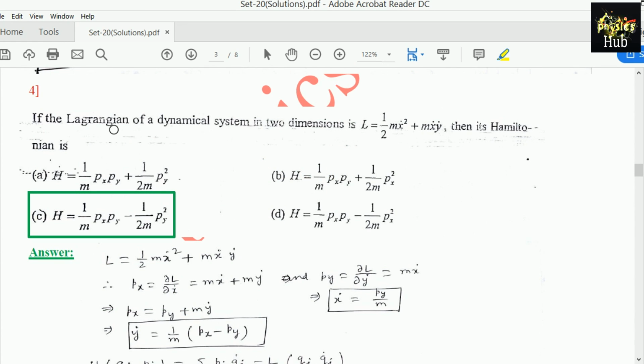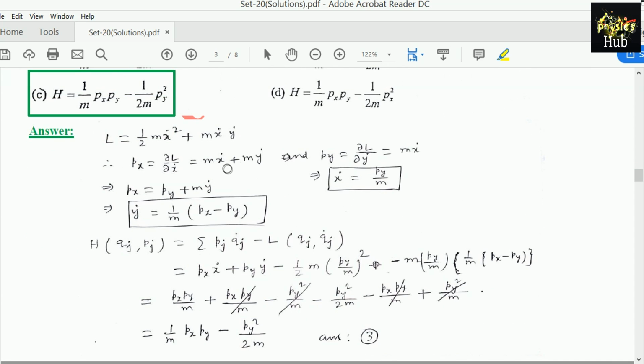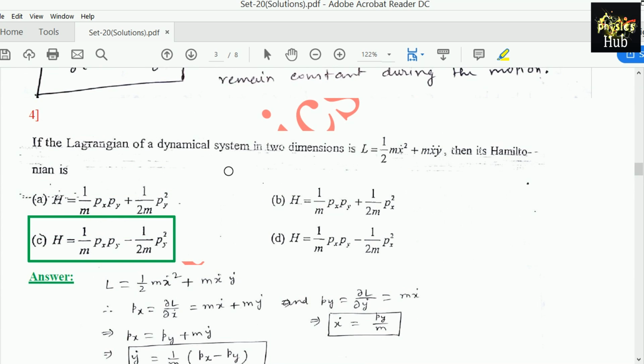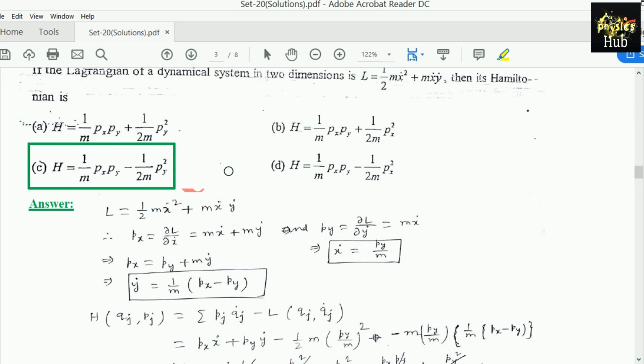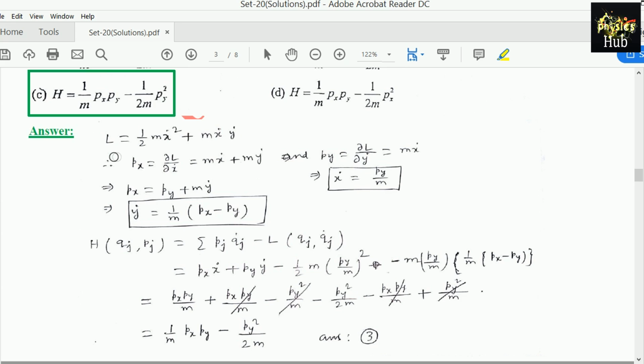Now coming to question number 4: if the Lagrangian of a dynamical system in 2 dimensions is L equals half m x dot square plus m x dot y dot, then its Hamiltonian is. This is also a typical question for NET aspirants. As you know, the Lagrangian is a function of the coordinates and velocities, meaning q and q dot.